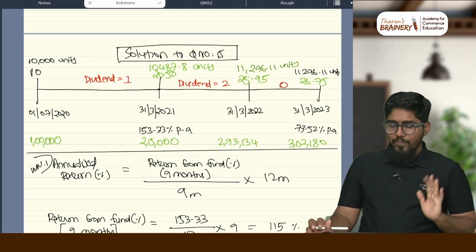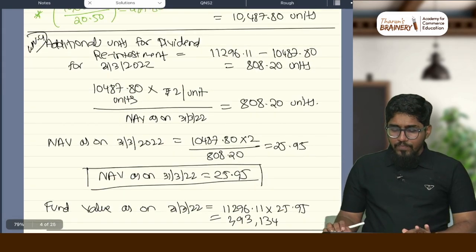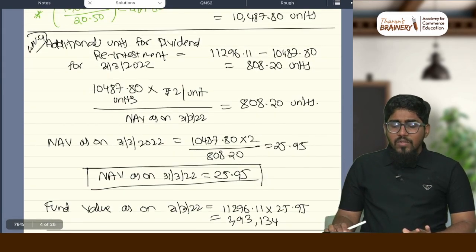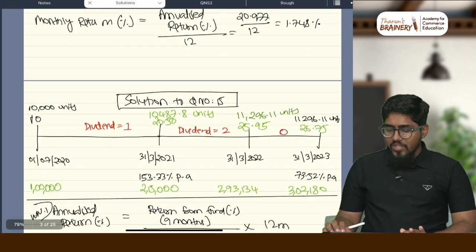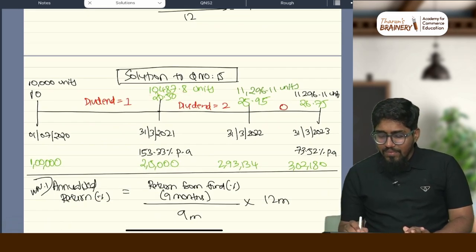Point number 2. Next, how much are the additional units that I received for dividend reinvestment? Because now this part is completed, now we want to find out the NAV for this.